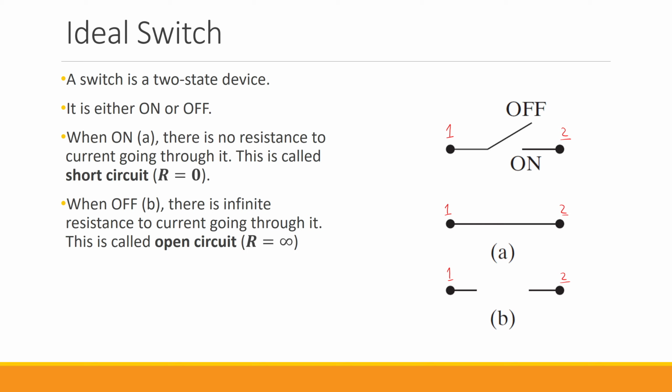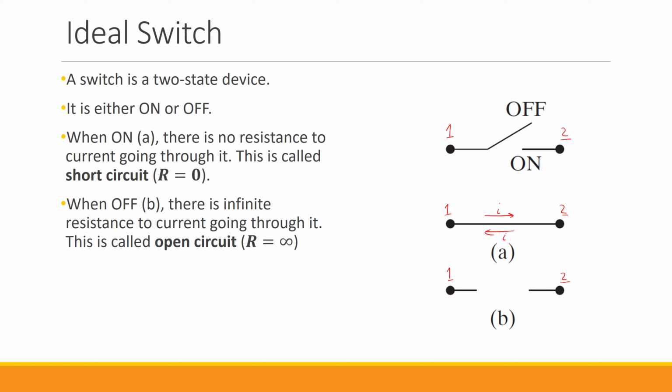When the switch is on, or case A, there is no resistance to current going through from terminal 1 to terminal 2. So as soon as we do that, the current starts flowing, either in this direction or in this direction. That doesn't matter. The important thing is that there is no resistance.